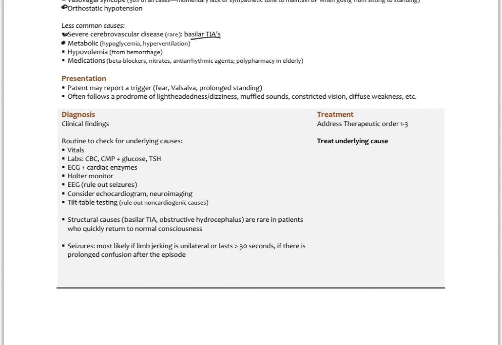If someone does have syncope, it's a good idea to get a full history, but then refer them out for a full workup to check their vital signs, to check all their basic labs like their blood count, make sure they're not anemic, check their liver and kidney function tests and their electrolytes with the complete metabolic panel or CMP. CMP also includes a glucose, and then check thyroid function with the TSH, thyroid stimulating hormone test.